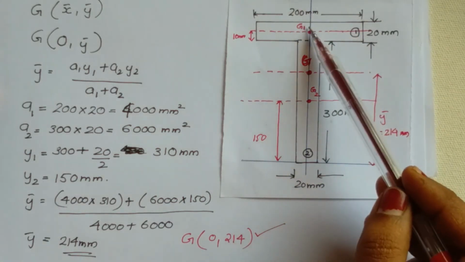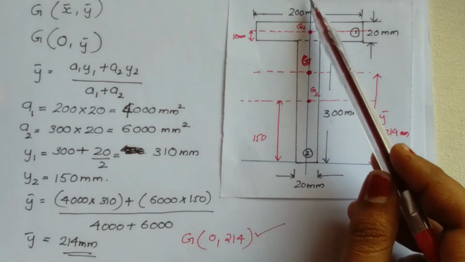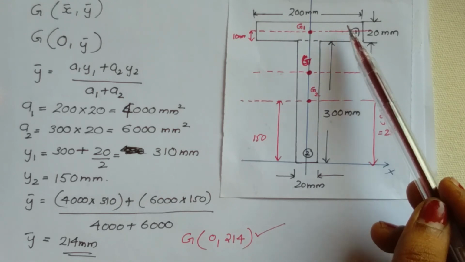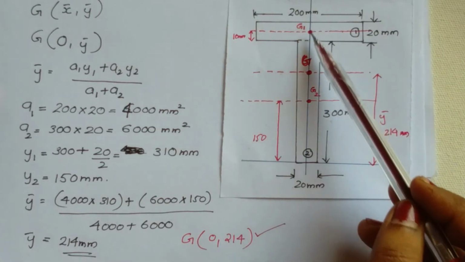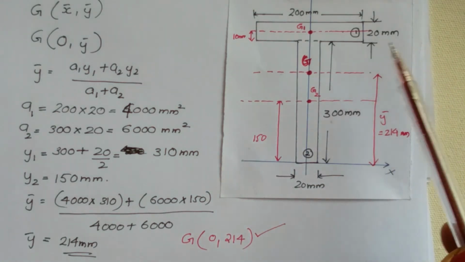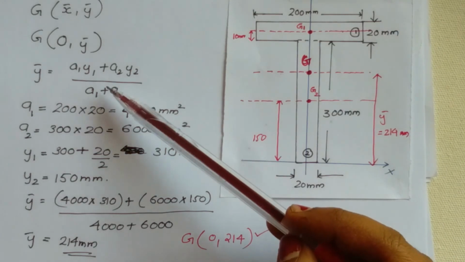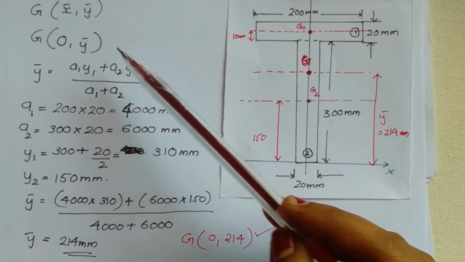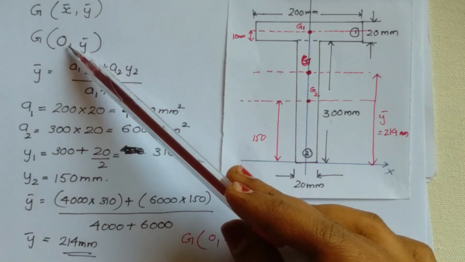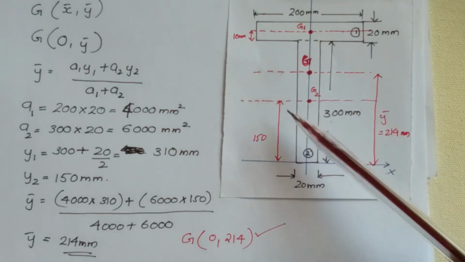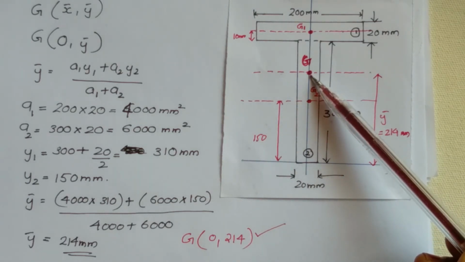We chose the y axis such that it divides the T section into two symmetrical halves, that is, the y axis along the axis of symmetry and the x axis along the base. Then we wrote the expression for y bar. We know that x bar will be equal to 0. Why? Because the centroid of a figure will lie on its axis of symmetry.